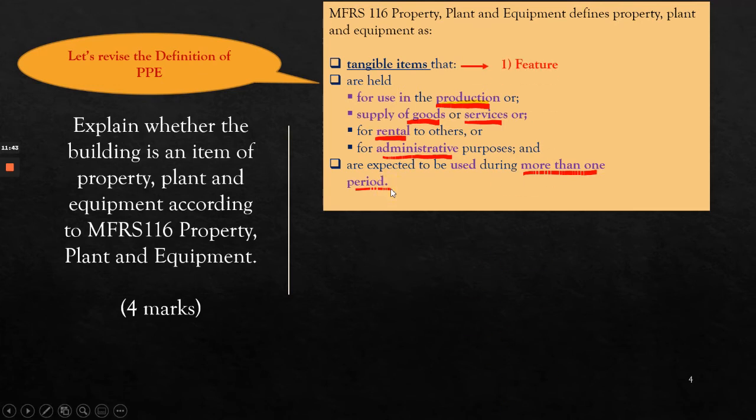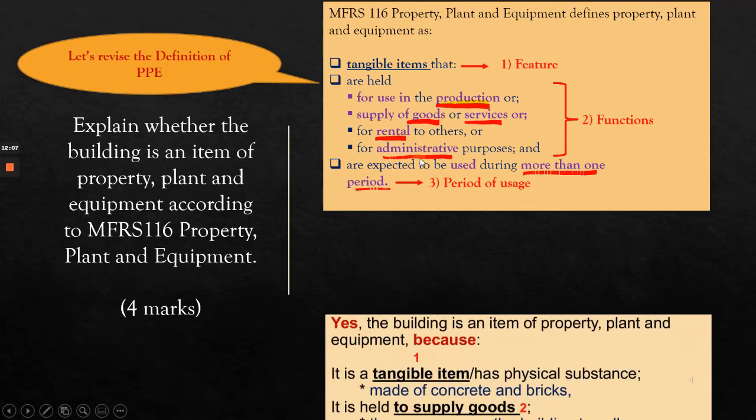So there are 3 parts in the definition. The first is the tangible item, then the function of the asset, or how the asset is being used, and the third one is the period of usage, or the period where the asset is being consumed.